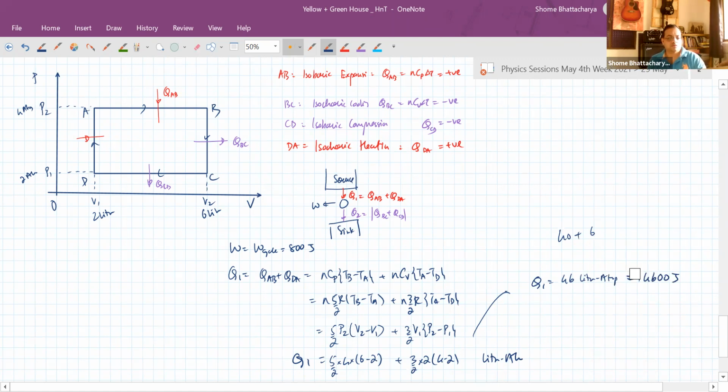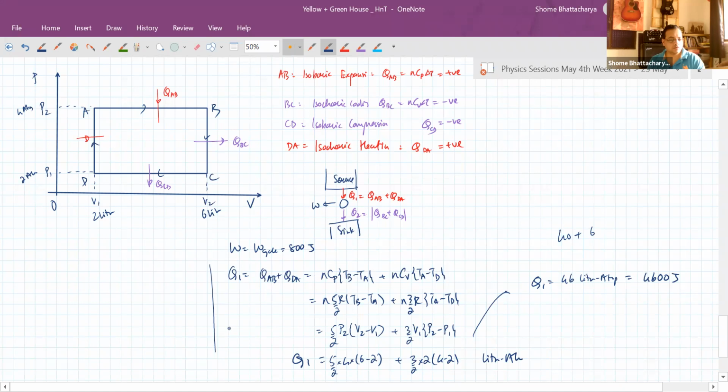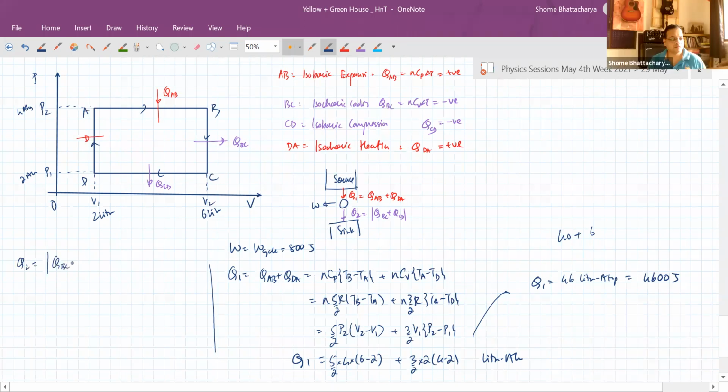Whereas Q2, so even that will be same, right? Now when will Q1 be equal to Q2? No, why will Q1 be equal to Q2? Q1 minus Q2 is W, na? So the difference will be 800 joules. Okay. So Q2 will be the mod of QBC plus QCA. These will be individually negative quantities.